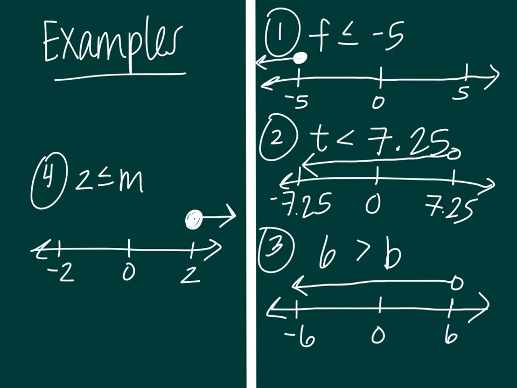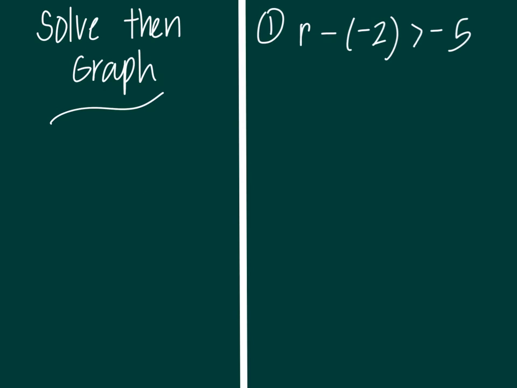Now, let's put together solving inequalities and graphing inequalities. Alright, so number 1, we're going to solve then graph. r minus -2 is greater than -5. So remember, two negatives make a plus. r plus 2 is greater than -5. I'm going to rewrite that.